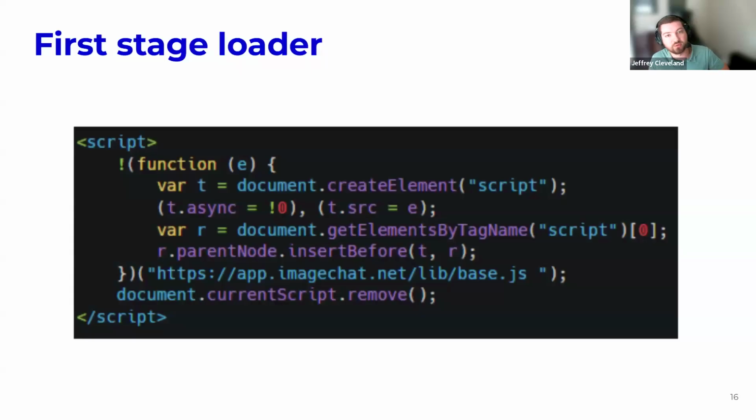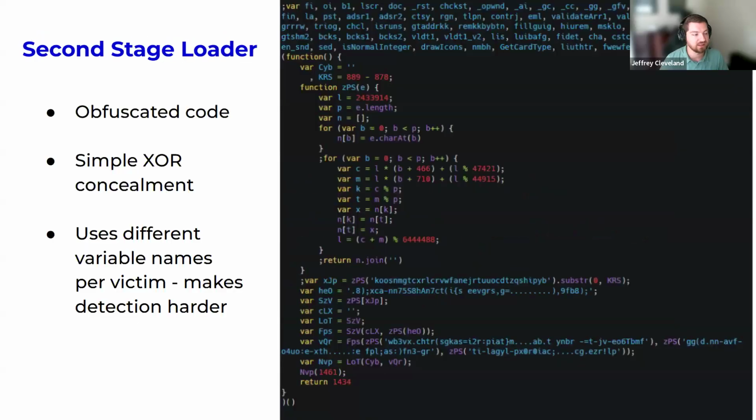Again, trying to keep a low footprint, trying to avoid leaving behind a bunch of evidence, so that someone who's really going in and trying to understand what's happening with the site has a harder time understanding what's actually happening in the page. Of course, this is not what's actually launching the attack. That comes in a second stage, where we do have some obfuscated code, some of which we've deobfuscated here and some of which is still obfuscated.